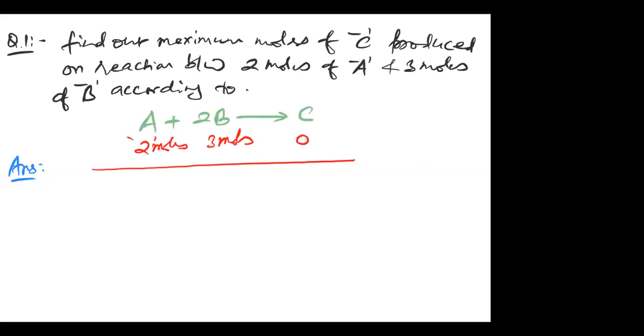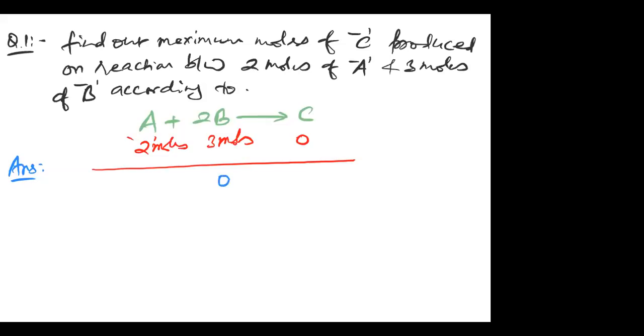With 1 mole of A, you require double the moles of B. So with 2 moles of A, you require 4 moles of B. So B is found to be in deficiency. B should be the limiting reagent here, and B should be completely consumed.